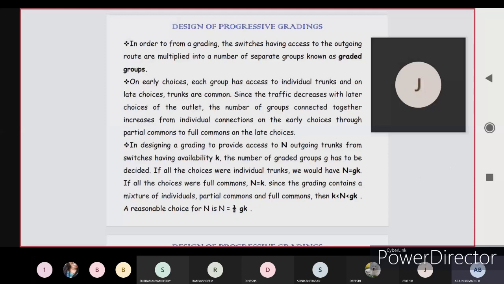Choosing a reasonable choice, n is equal to 1 by 2 into gk. You can take this as a reasonable choice for the number of outgoing trunks.